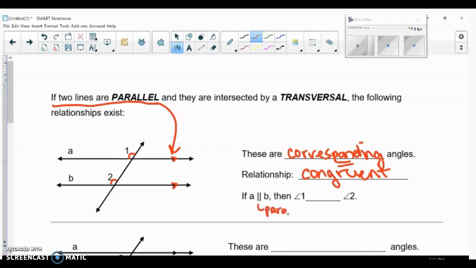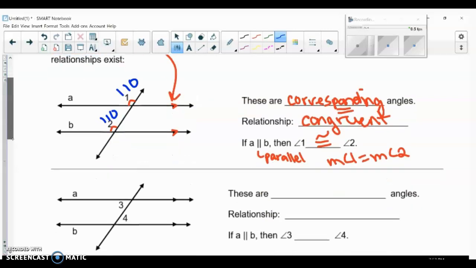So if A is parallel to B, then angle 1 is congruent to angle 2. So that means their measures are equal. So if angle 1 is 120 degrees, then angle 2 is 120 degrees. Or if angle 1 is 110, angle 2 is 110 as well.